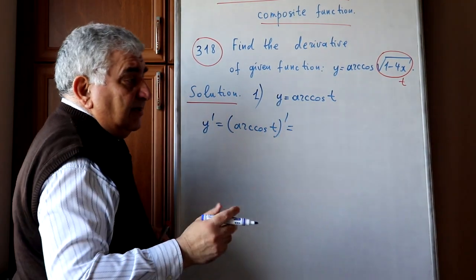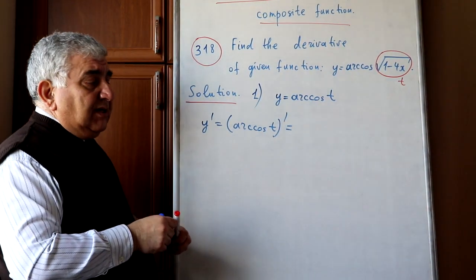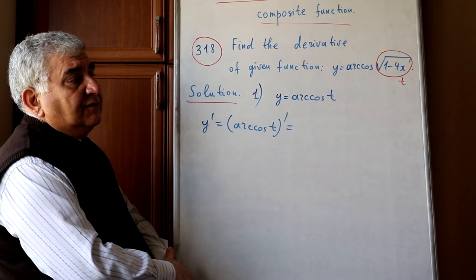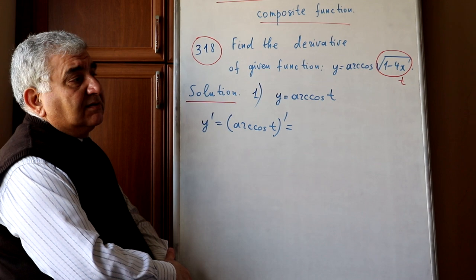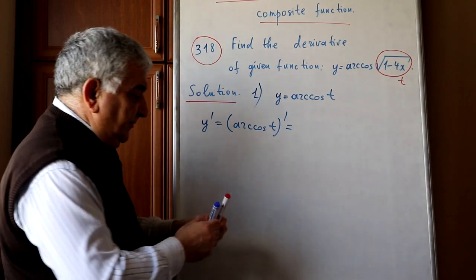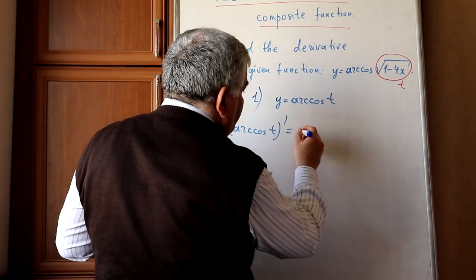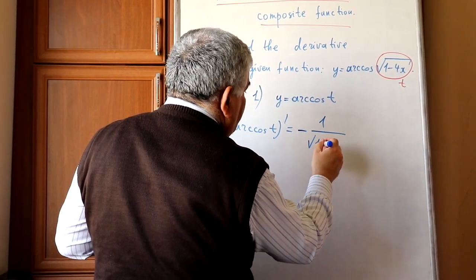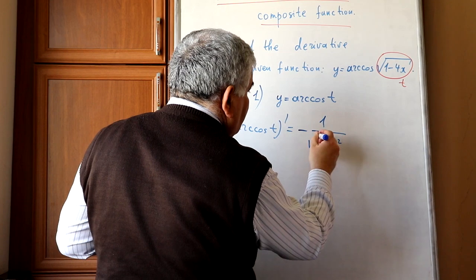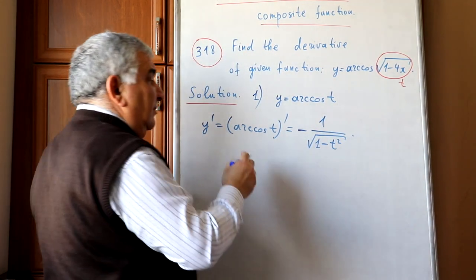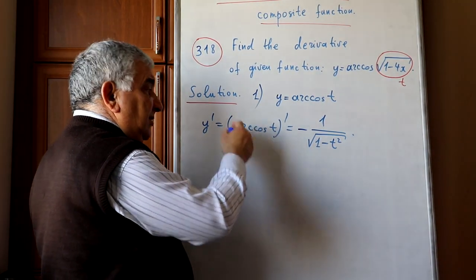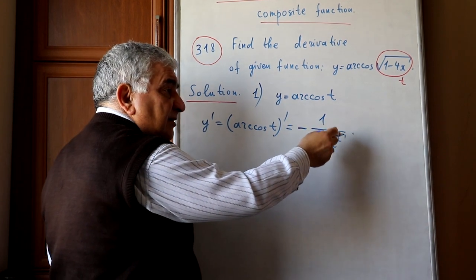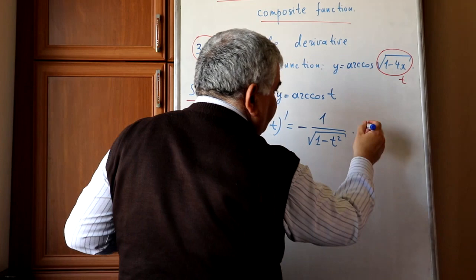First, find the derivative of arccosine according to the table of the simple function derivatives. It is minus 1 over square root of 1 minus t squared, but it is a composite function, and then we must multiply by t prime.